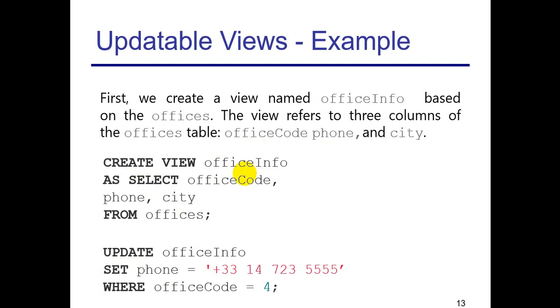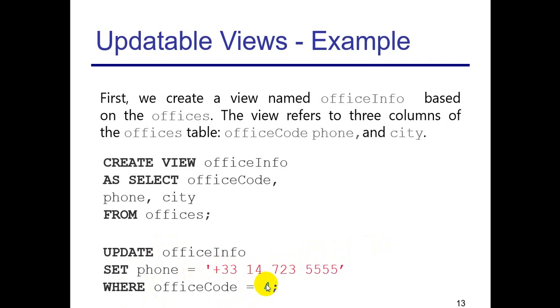So how do you update the records in the table? You write update table name. Here, in the place of table name you have the name of the view. So update office info, set phone equals to this, where office code equals to this. So what you have done, you have just updated the information of a particular phone number where the office code was 4.